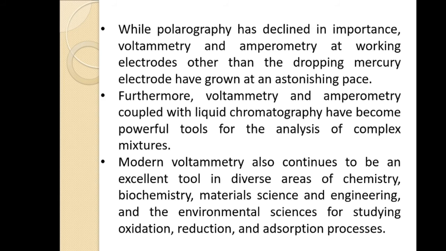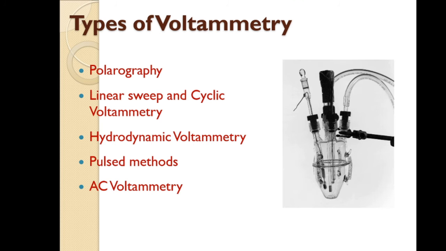Voltammetry and amperometry are now very important tools because various electrodes can be used apart from dropping mercury electrodes. Furthermore, voltammetry and amperometry coupled with LC have become powerful tools for analysis of complex mixtures, and modern voltammetry continues to be an excellent tool in diverse areas of chemistry, biochemistry, material science and engineering, and the environmental sciences for studying oxidation-reduction.